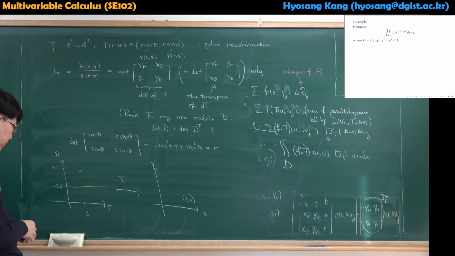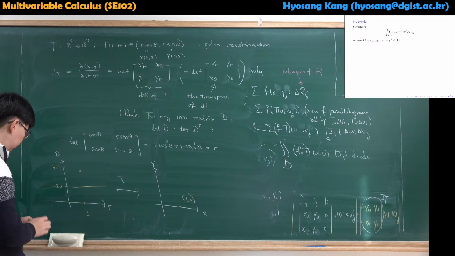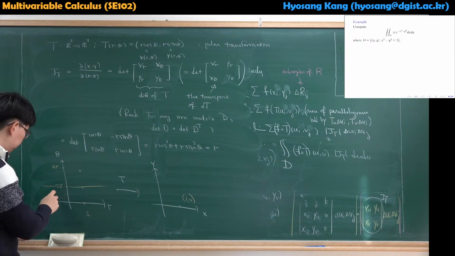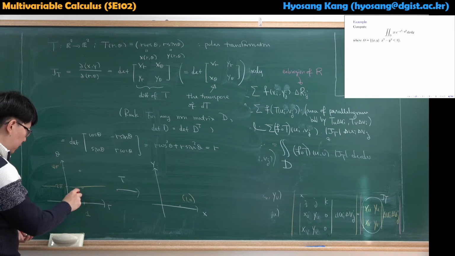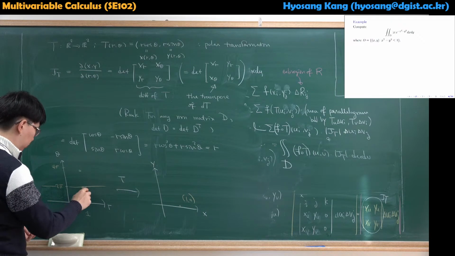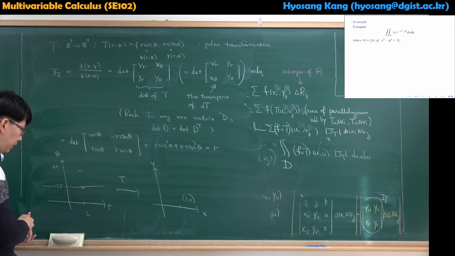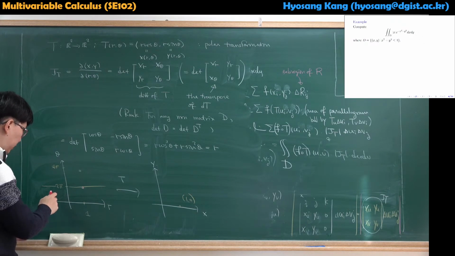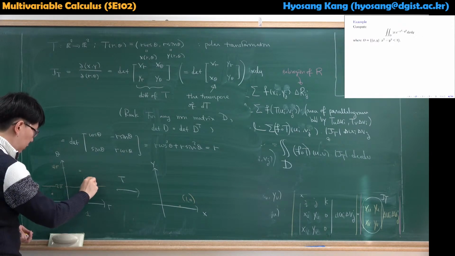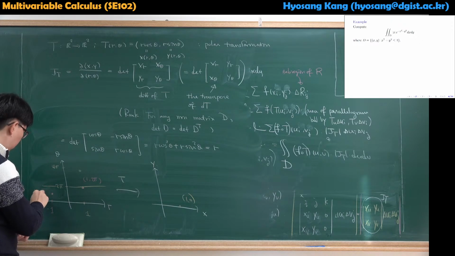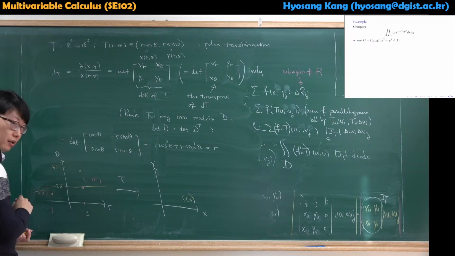And again, if you take the negative r, what happens? So let's say we have this point, which is (1, 2 pi) in the r theta plane. And how about we take a point (-1, pi) here.